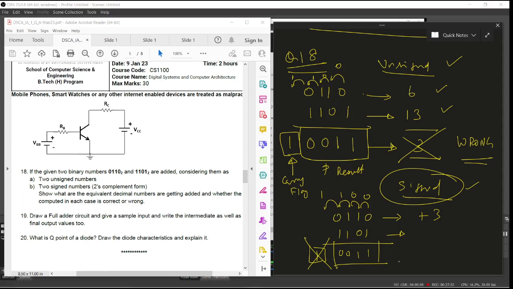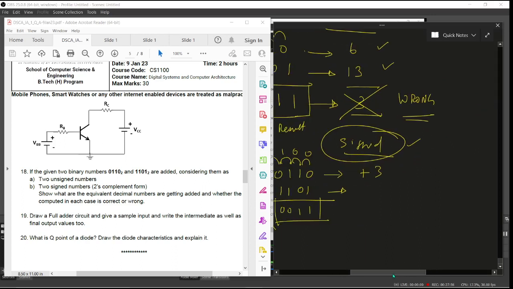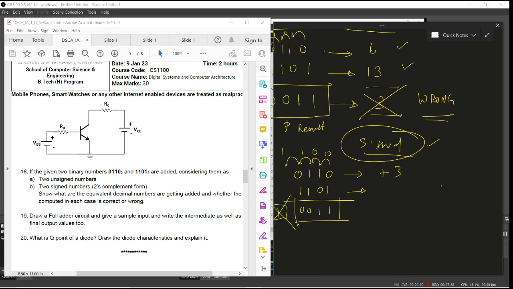What is the signed representation of this number? 1101 is a signed number whose MSB is 1, so we take the complement of this and then add a 1. So 0 0 1 1. So it is minus 3.